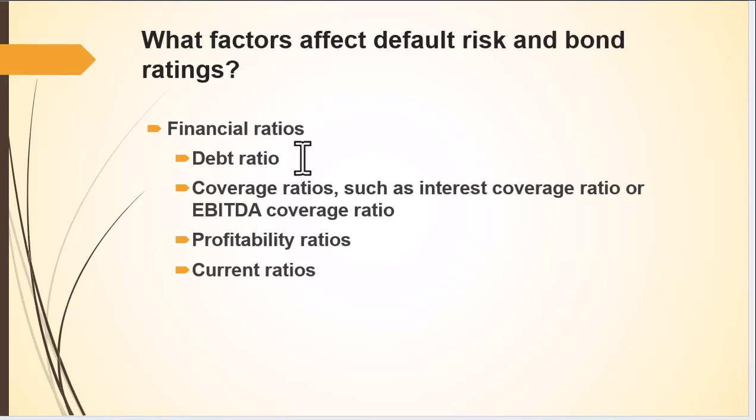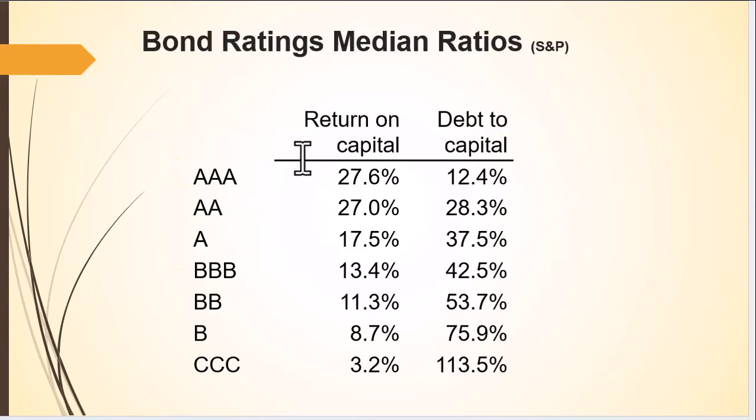Coverage ratios: based on business operations, do you produce enough profits to cover the interest payments for maintaining this debt? Profitability is going to have an influence also. Likewise, the current ratios, your management of your current assets, all of these things are going to have an influence on default risk. So let's see how that fits.